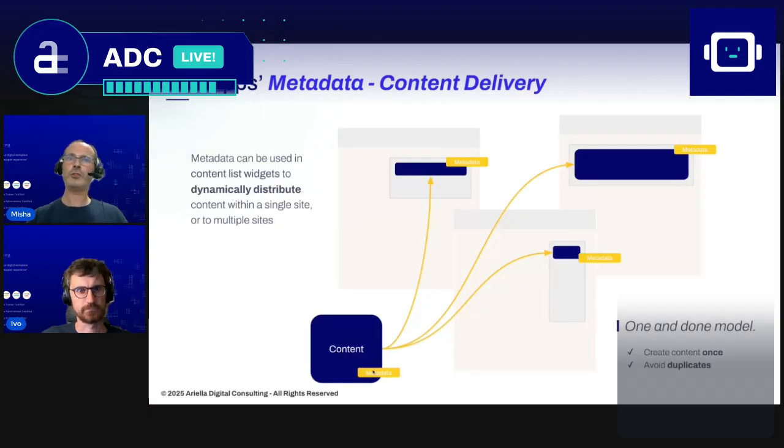This is just a slide. I think also this was one inspired by LumApps, where kind of the one and done approach. You create content once, you give it a certain metadata, and you let it kind of do its work to deliver it into multiple areas of the site, multiple sites, right? It really depends on the configurations. I can create an announcement for a specific sales team, right?